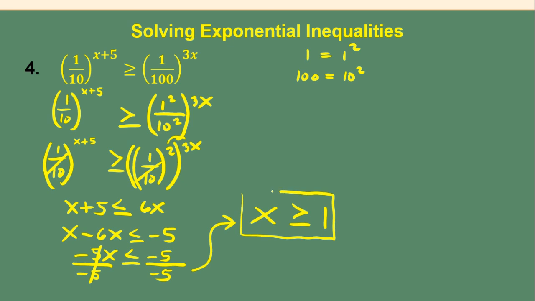So x is greater than or equal to positive 1, or for the solution set, it will be from positive 1, open bracket because 1 is included in our solution set, up to positive infinity.